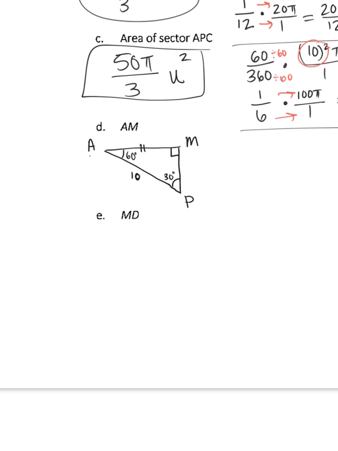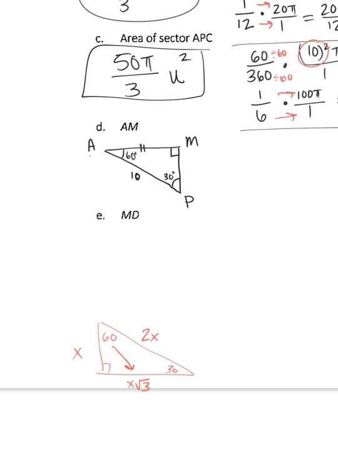In general, a 30, 60, 90 right triangle follows these rules. The side across from 30 is x, the side across from the 90 or the hypotenuse is 2x, and the side across from the 60 is x root 3. So looking at this picture, it looks like I have information about the hypotenuse side.